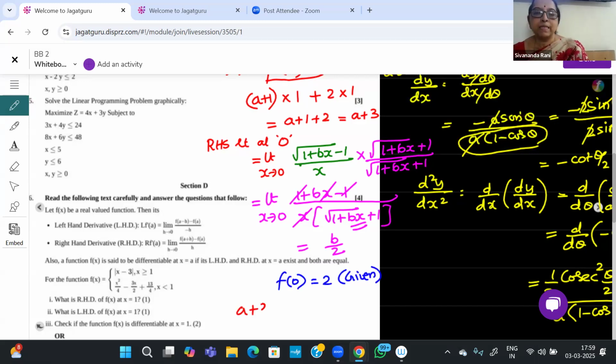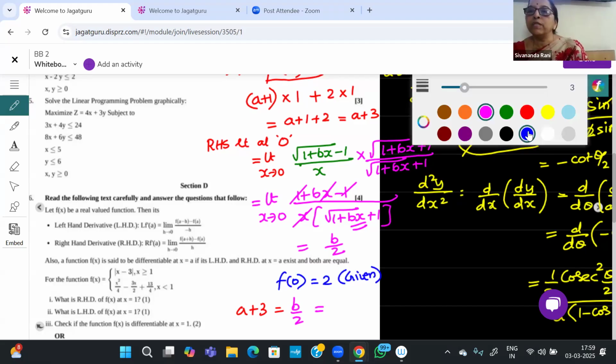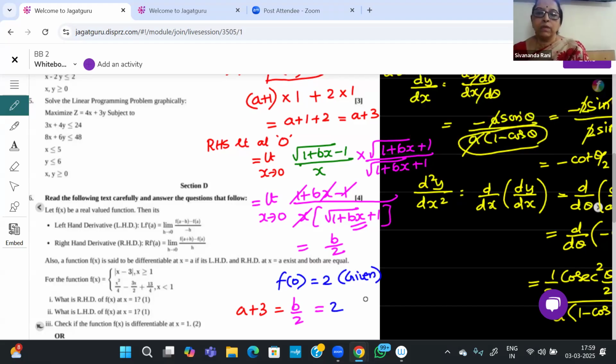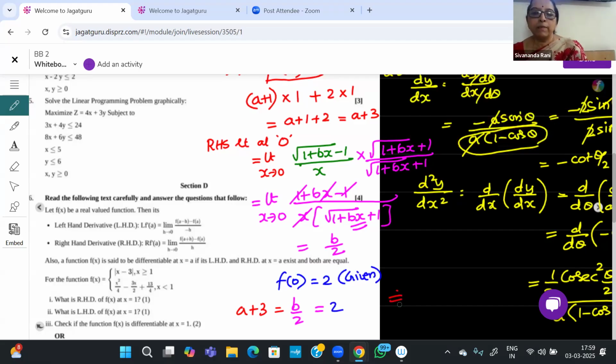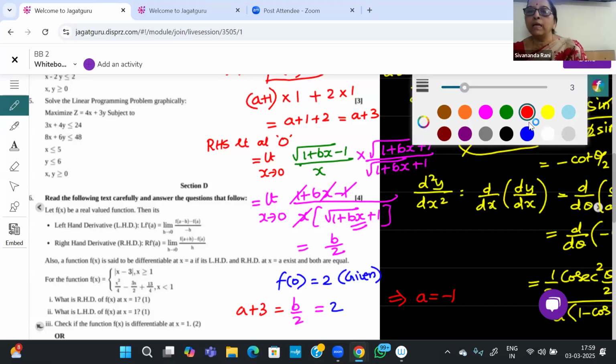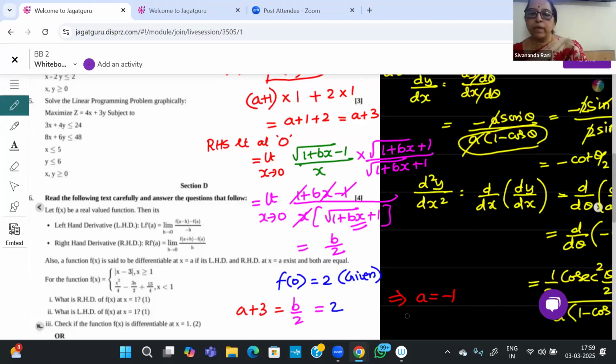LHS limit is a plus 3. That should be equal to the RHS limit, which is b by 2. That should be equal to the functional value. So I can solve for a and b, right? If I solve for a and b, I get a to be minus 1 and I get b to be 4. How many of you got this? A is minus 1 and B is 4.